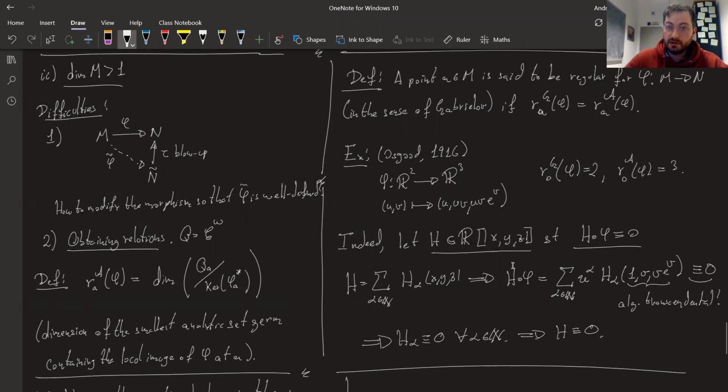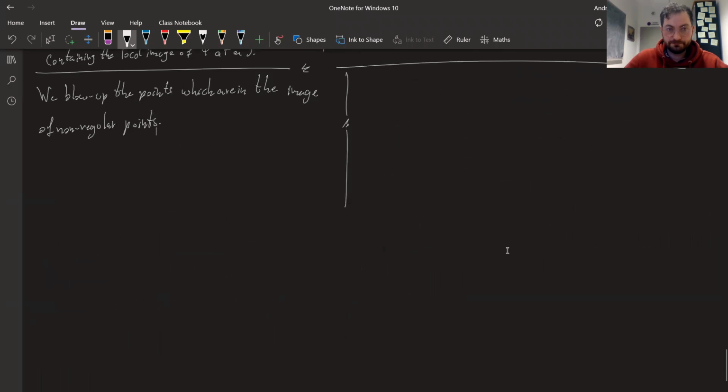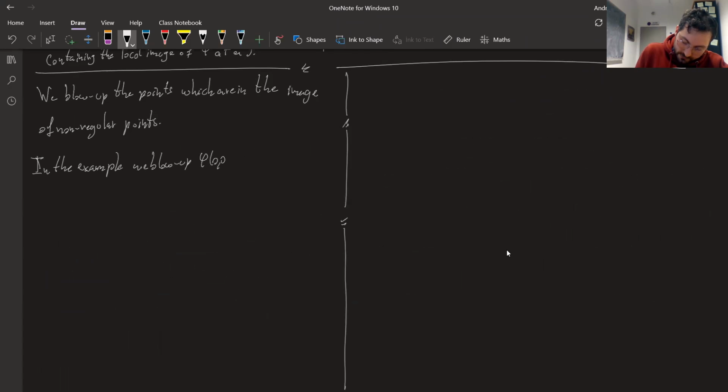So what we should blow up is the origin. In the example, we blow up phi of (0,0), which is 0, in R3. We have our phi, R3, we have our tau. Oops, not M.